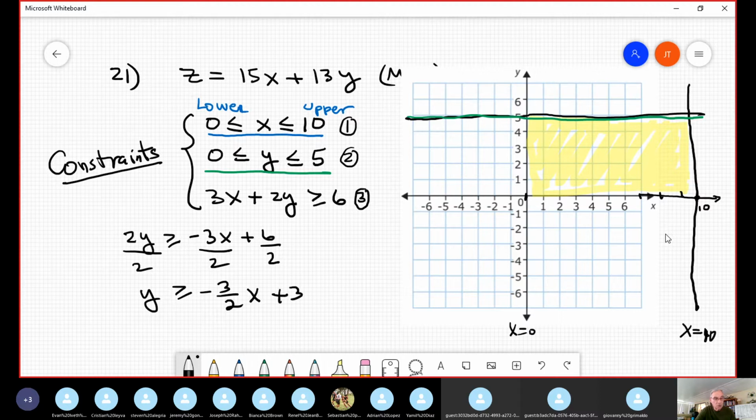You plot the y-intercept, which is 3. The slope is negative 3 over 2, so 3 down and 2 to the right. I draw the line like that.